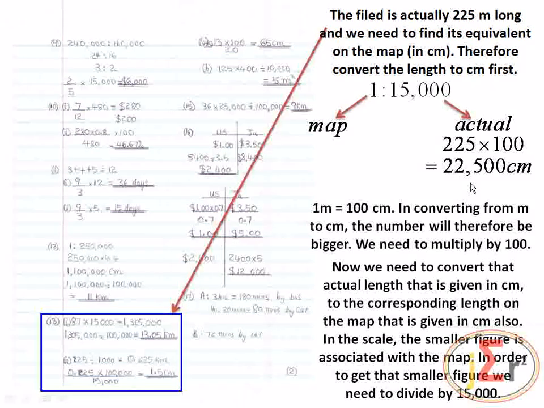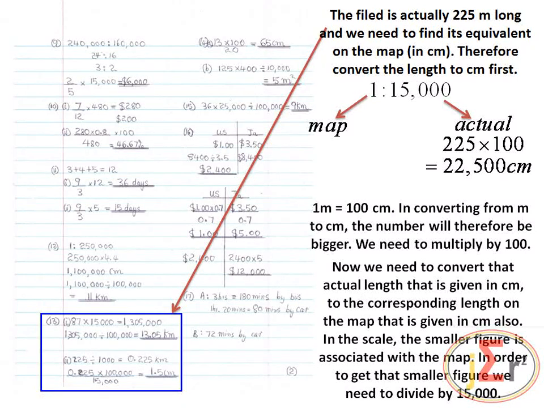Therefore, if we are solving a problem like this, we may convert between units before we use the scale of the map, or convert between units after we use the scale of the map. But there is no change in units when we are applying the scale of the map only. So we are going to the distance on the map. This 15,000 is a larger number than this one that we have here.